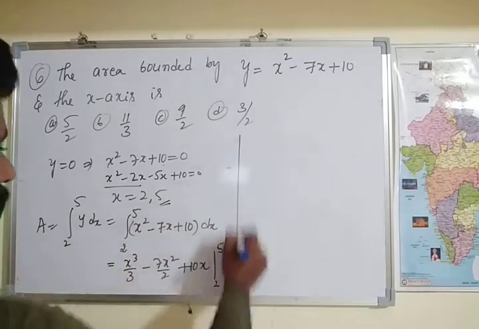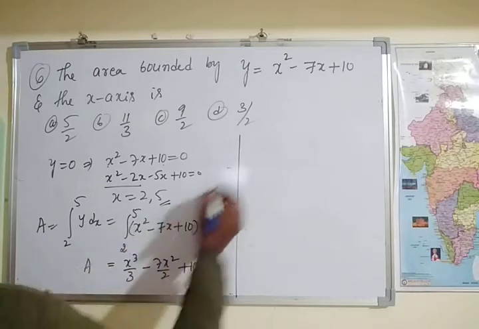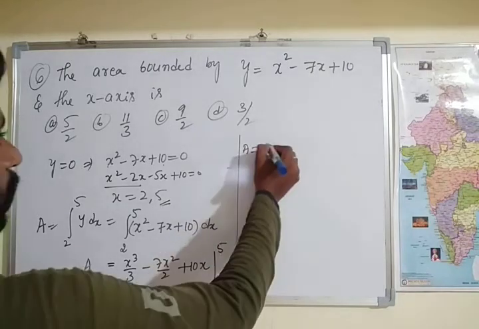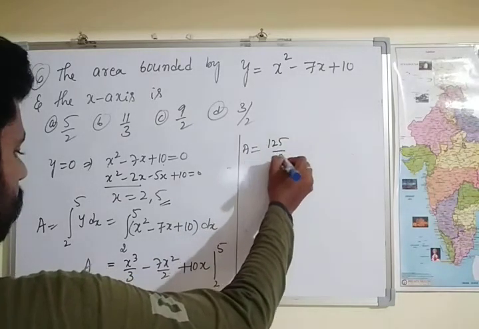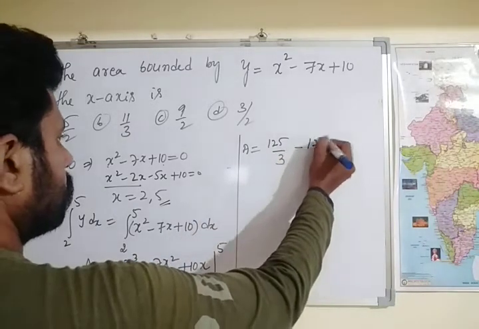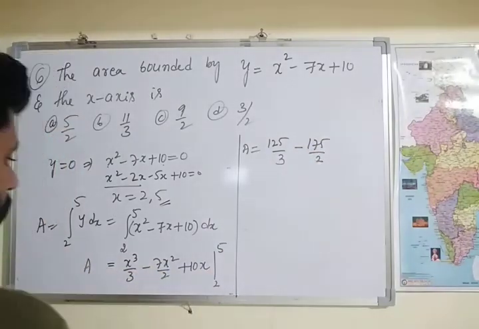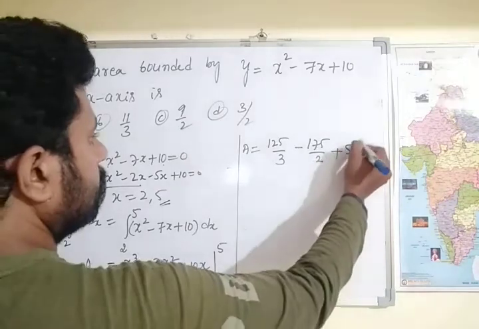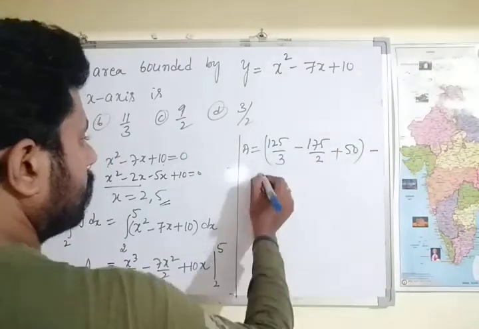Next, simplify the result. Substitute the upper limit, x = 5. We get 125/3 − 7 times 25, which is 175, divided by 2, plus 10 times 5, which is 50, minus the remaining value.